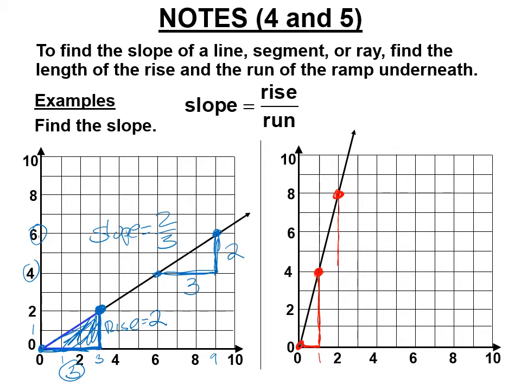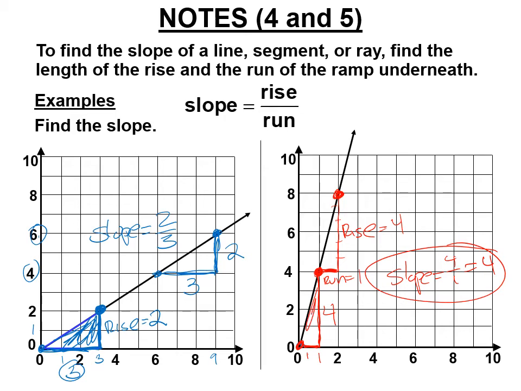So find the rise and find the run. Well, the rise is 1, 2, 3, 4 boxes up, and the run is 1. The slope of this one is 4/1, but we simplify that to a slope of 4.